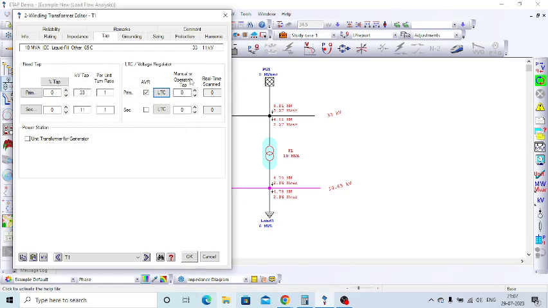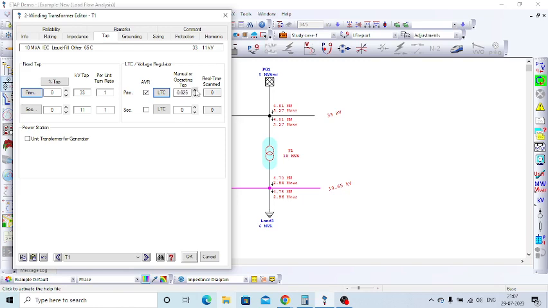Here one more option is there, that is the operating tap, which is the tap the transformer is in presently. So 0 means nominal tap. If the transformer is operating in a different tap, we can change that. As I told, 0.625 is the tap position for one change.